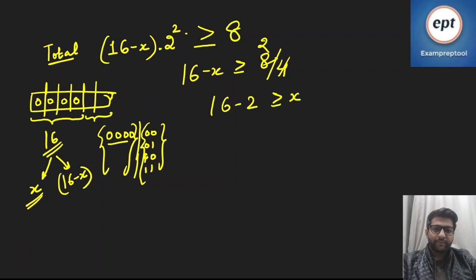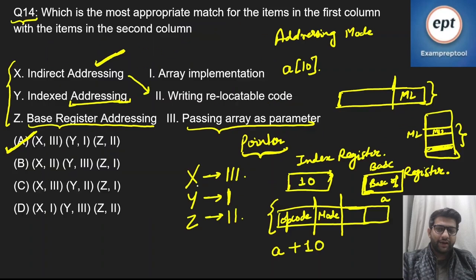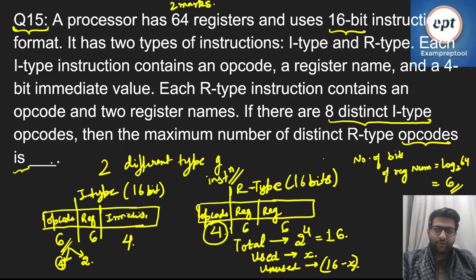So x should be less than or equal to 14, right? So these are the maximum number of R type instructions. So the answer for this question will be 14, right?